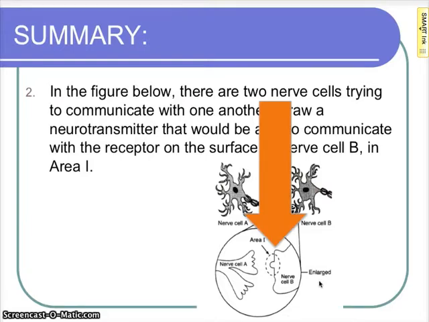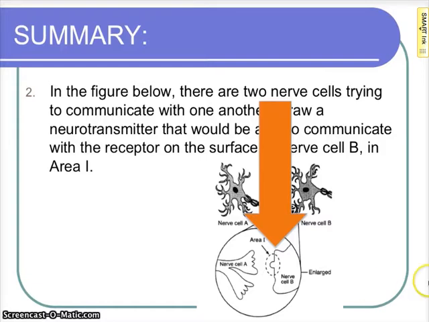In the figure below, there are 2 nerve cells trying to communicate. So let's just look very closely at area 1 of nerve cell B. There's a dotted circle around it, and there's also an arrow right now pointing to it on the screen. What would the shape of the neurotransmitter need to be in order to work with nerve cell B?